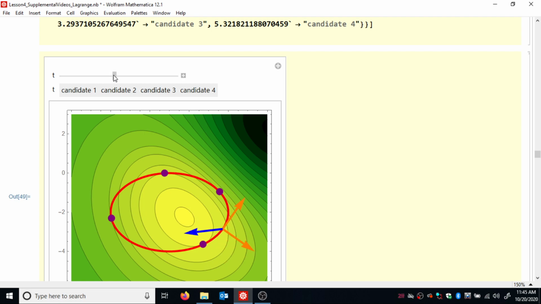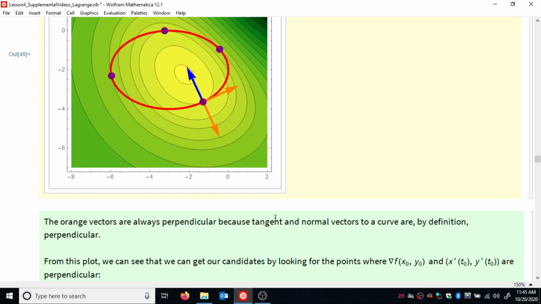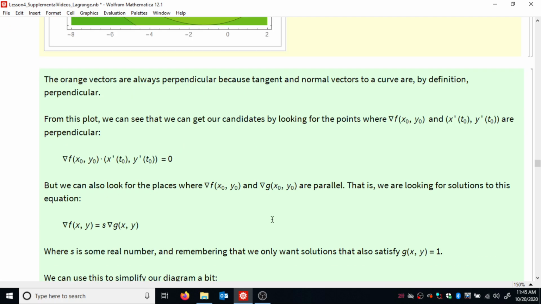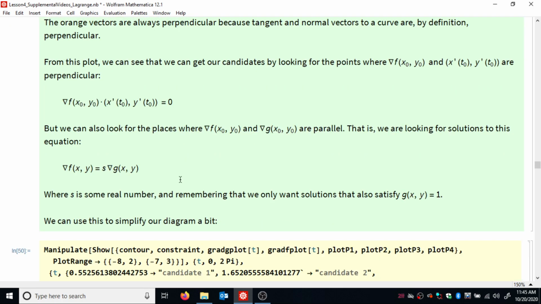You're not at a candidate when they're pointing in different directions and there's not a right angle between the tangent vector and the gradient of f, but you are at a candidate when your two gradient vectors are parallel to each other, and there's a 90-degree angle between the tangent vector to the ellipse and the gradient of f. So let's try to work with that information.